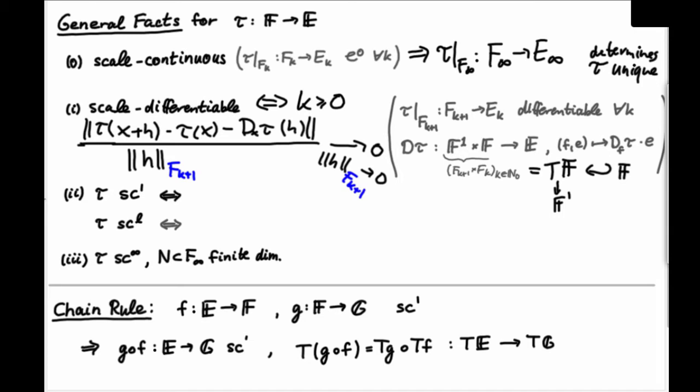But the norm up here is only in E_k. So that's just this statement here. This is just rephrasing differentiability. That's something that you could just check when you have the smooth points.